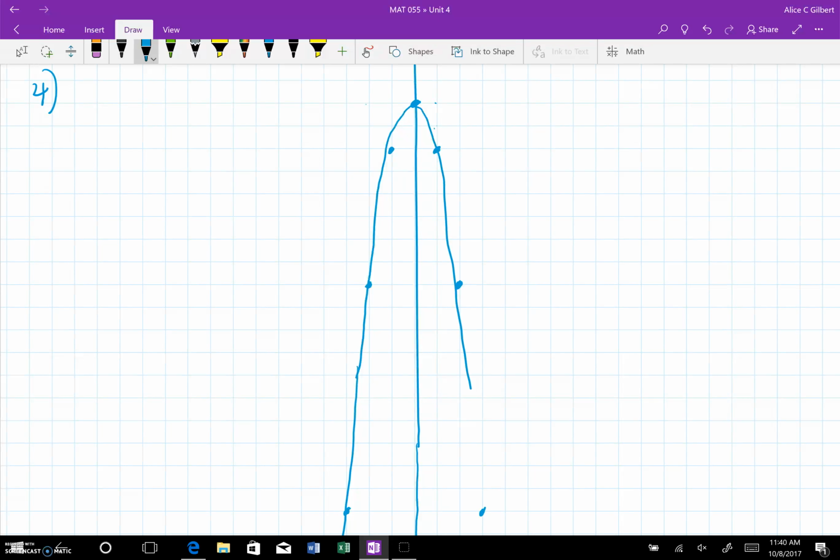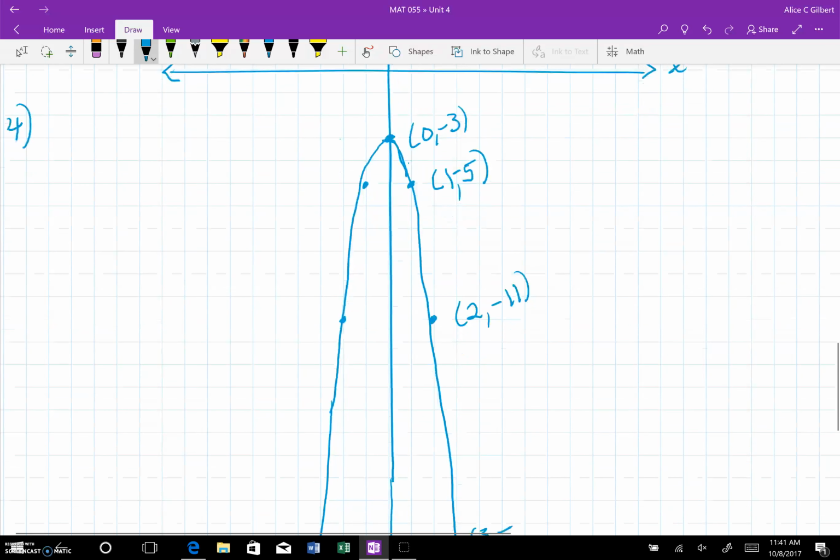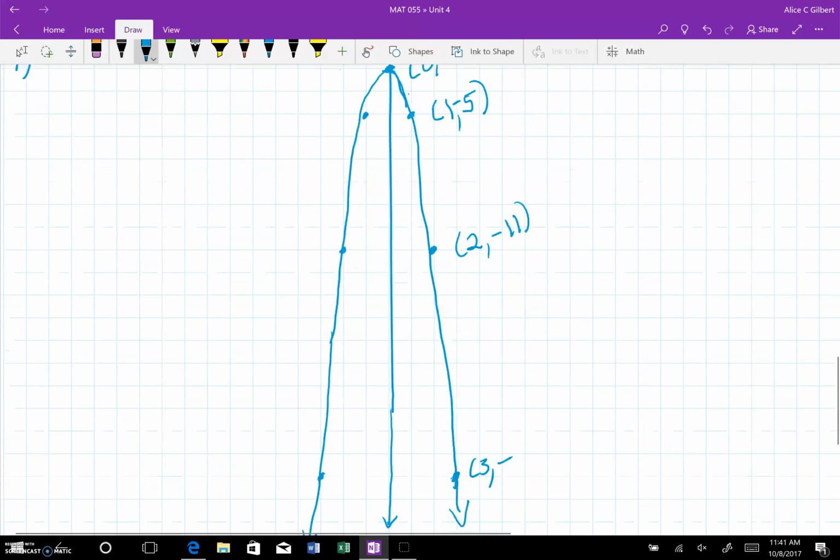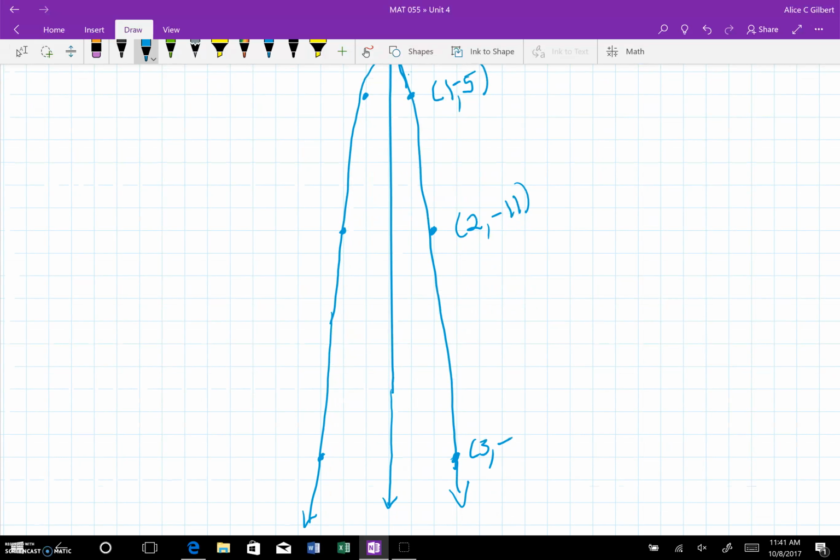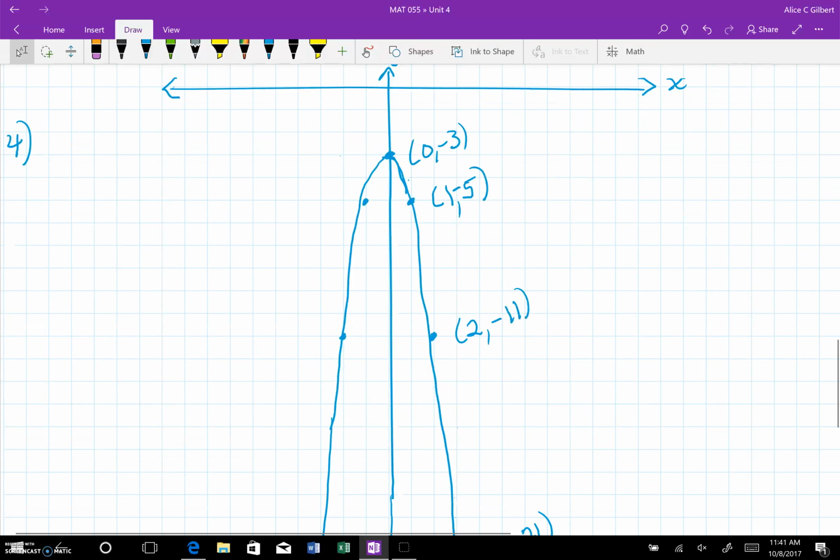I should do that on all of these so I remember. And then the second one here: 1, 2, 3, 4, 5, 6, 7, 8, 9, 10, 11. And then the last one: 1, 2, 3, 4, 5, 6, 7, 8, 9, 10, 11, 12, 13, 14, 15, 16, 17, 18, 19, 20, 21. So now I just need to label the left side.